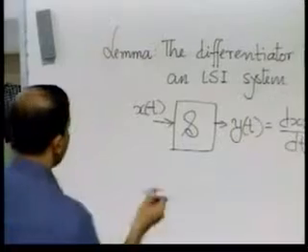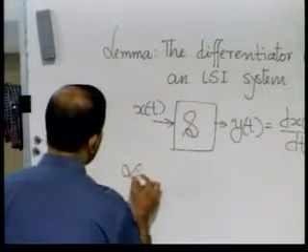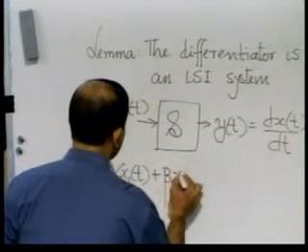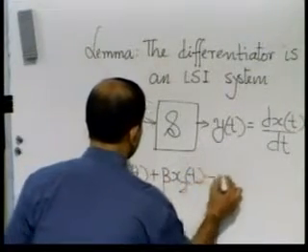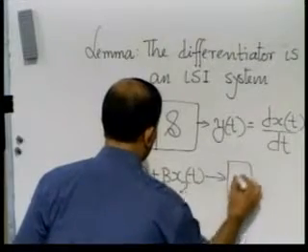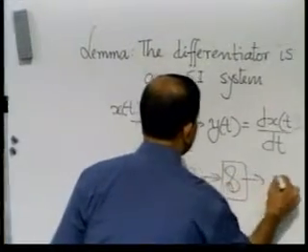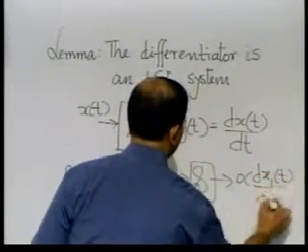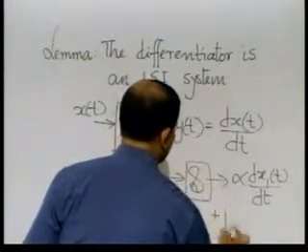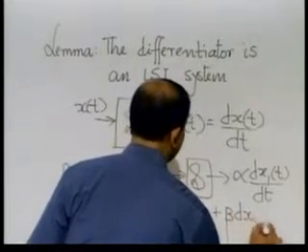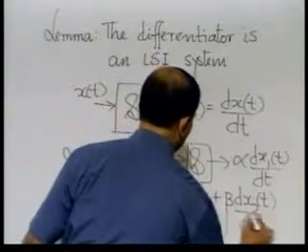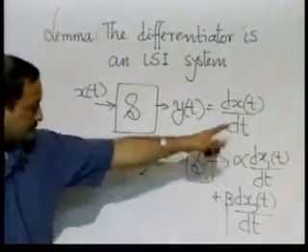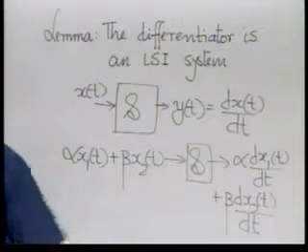So it's very, very clear that if we feed in alpha x1(t) plus beta x2(t) to this system, what we will get is alpha dx1(t)/dt plus beta dx2(t)/dt, which clearly shows the property of linearity.